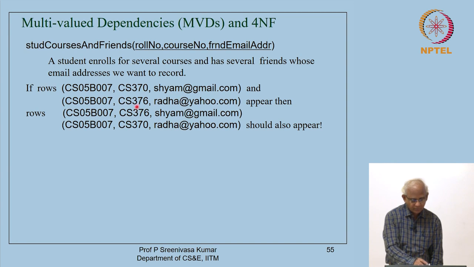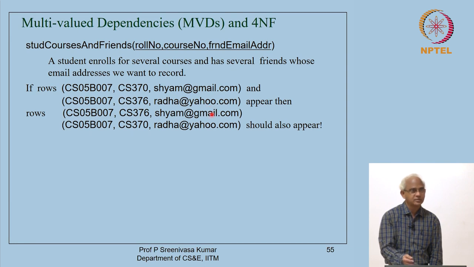In general, if I have registered for half a dozen courses and I have half a dozen friends or more, probably 10, popular guy, then we will be having some 60 tuples here. A huge amount of data redundancy exists here.